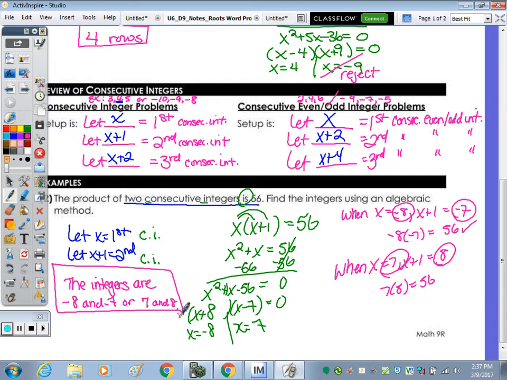So we didn't have to reject any there because both solutions are roots. Made sense. But I didn't just stop here and circle my solutions. I kept going and answered the question. So make sure you do that as well.